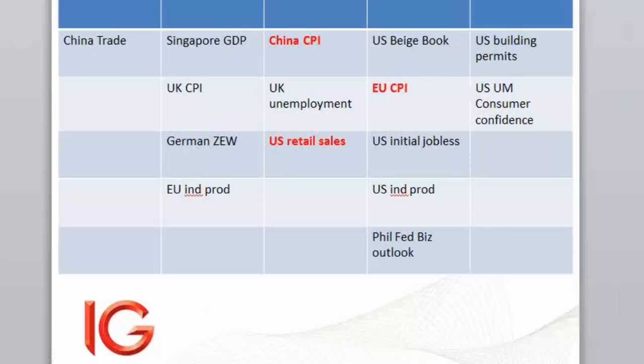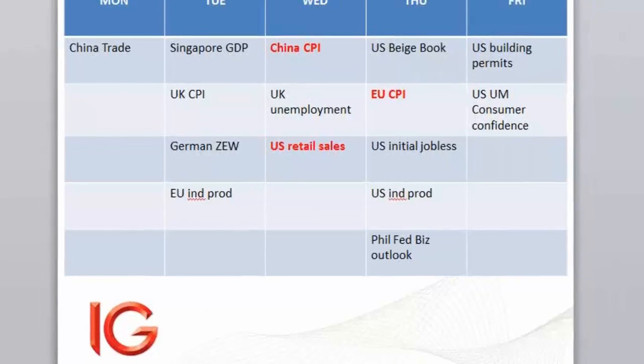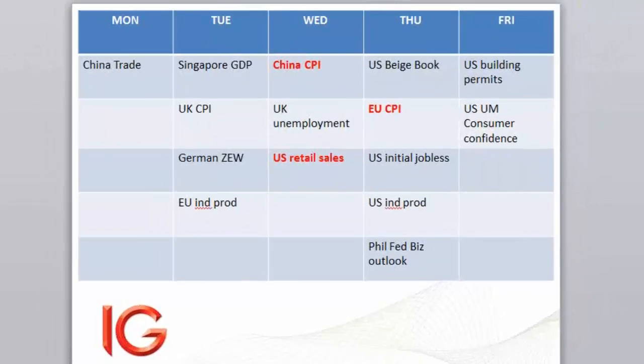So all these calendar events can be found on our IG economic calendar, but for convenience's sake, I've captured everything into this PowerPoint slide for a quick overview. So yesterday, China trade numbers, and today we've got GDP that was out just 2 hours ago. It was actually pretty okay. And I'll run through each day in specific later on.